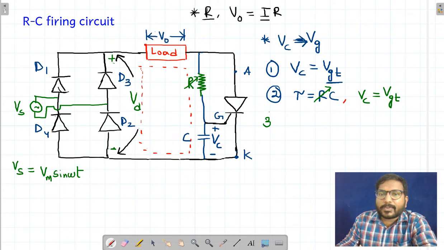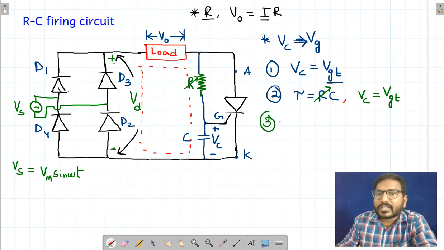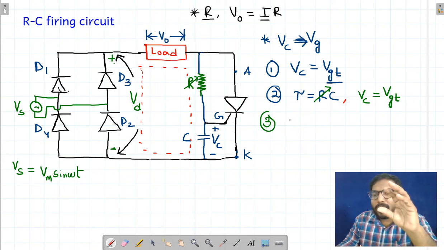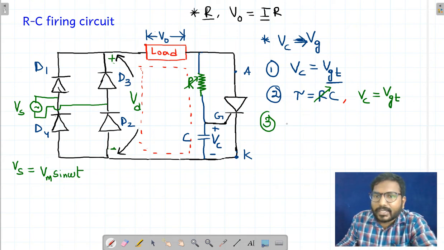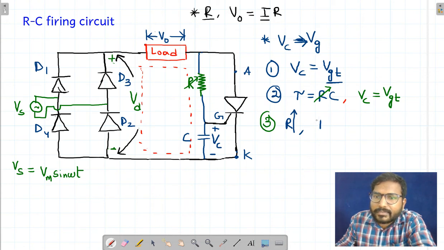And coming to the next point, R is variable, so the charging time is also variable. It has two cases: when R is more and when R is less. When R is more, the resistance in the charging path is more, so the time taken by the capacitor to charge is more. Tau is more.